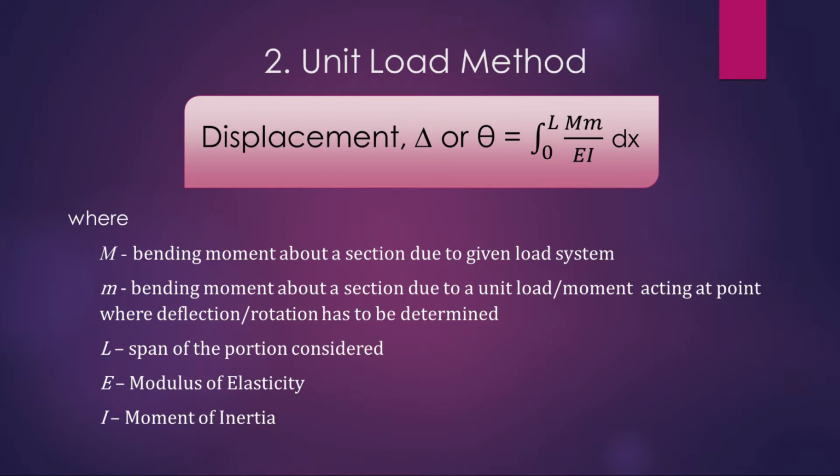If deflection has to be determined, a unit load has to be given. If rotation has to be determined, a unit moment has to be applied. Moment expressions are written. L is the span of the portion considered, E is the Young's modulus or modulus of elasticity, and I is the moment of inertia.